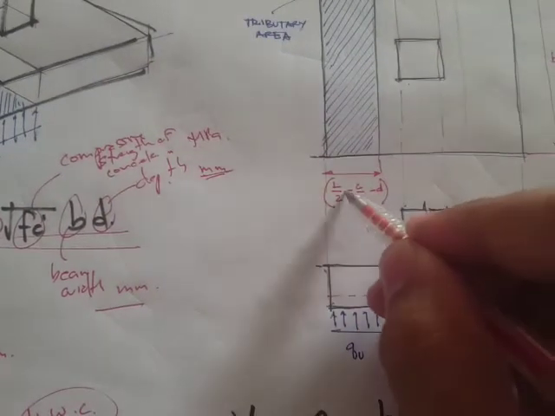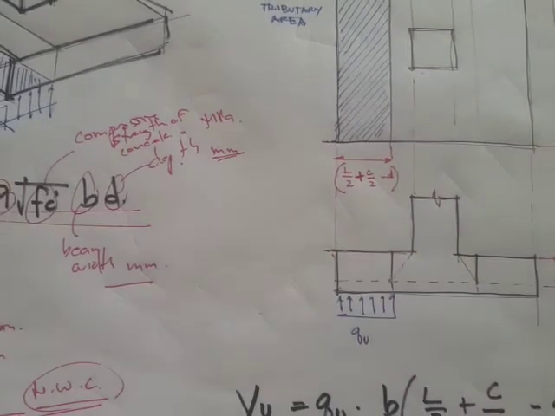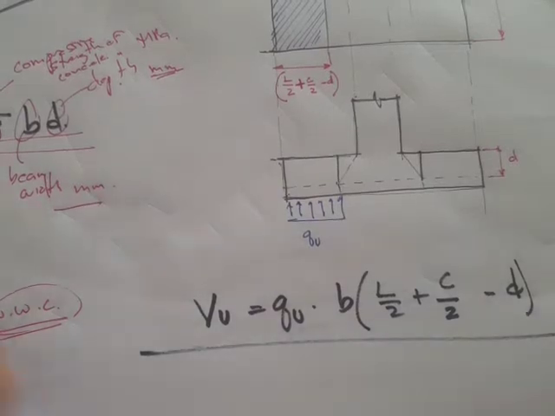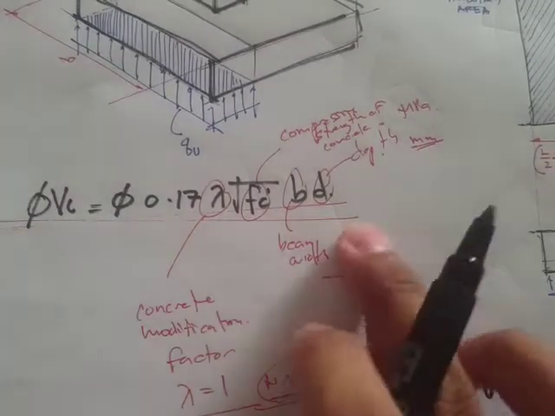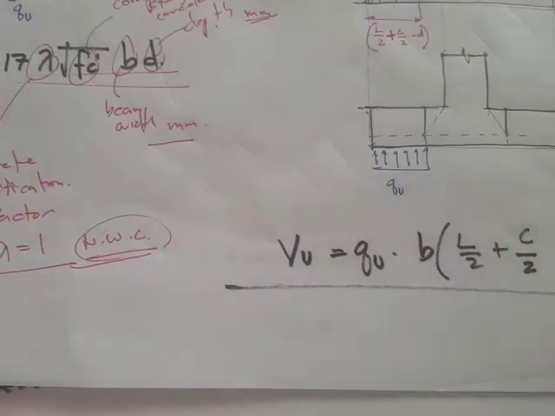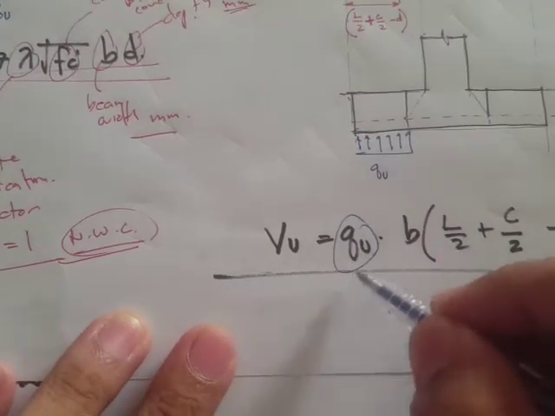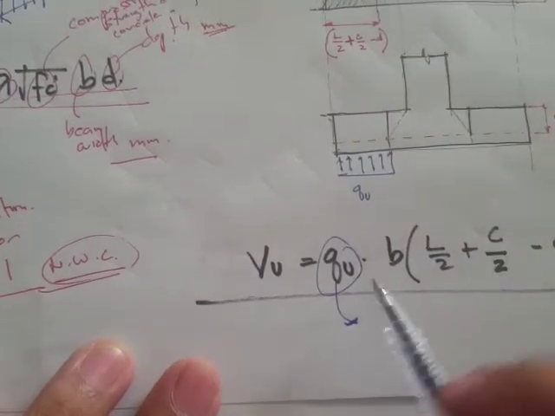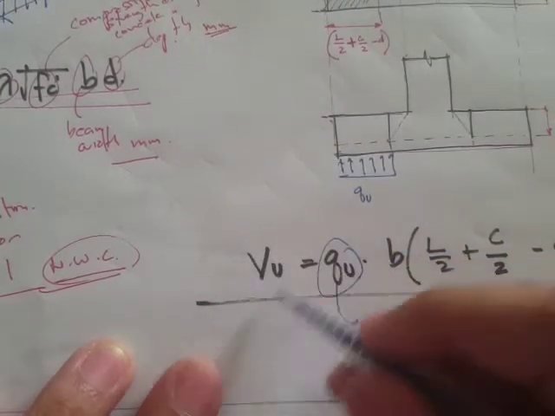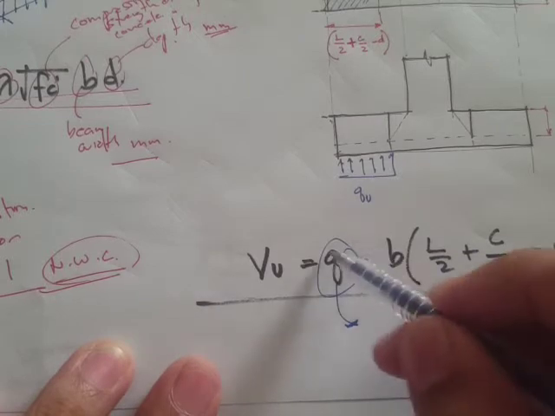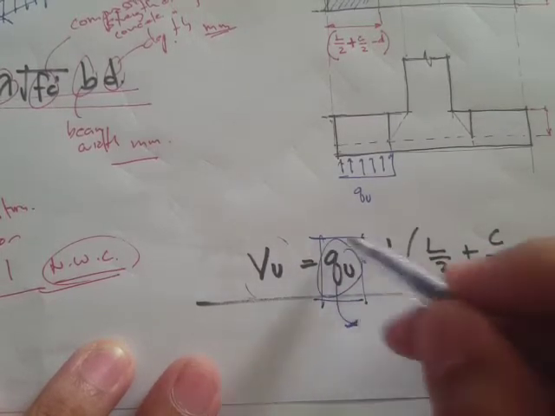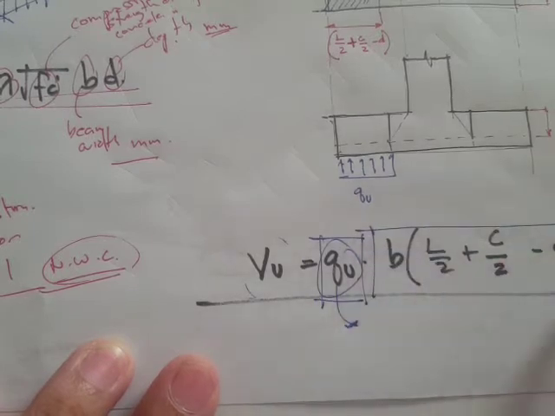By the way, I think this is positive. Okay, so this one is the load side, and this one is the resistance side. Now, this Q is the factored soil capacity. Since this is a shear force, we can obtain the force from the stresses, or let's say the pressures, and the area.